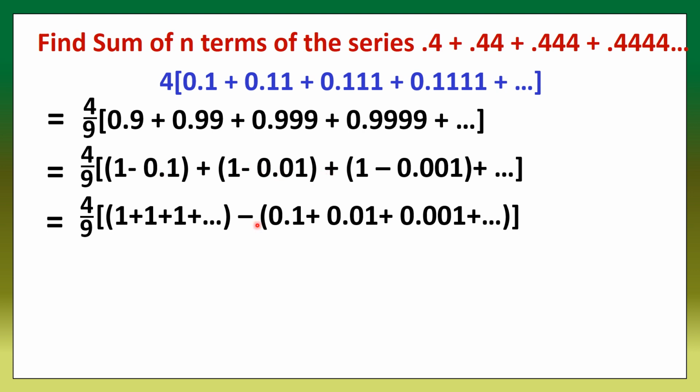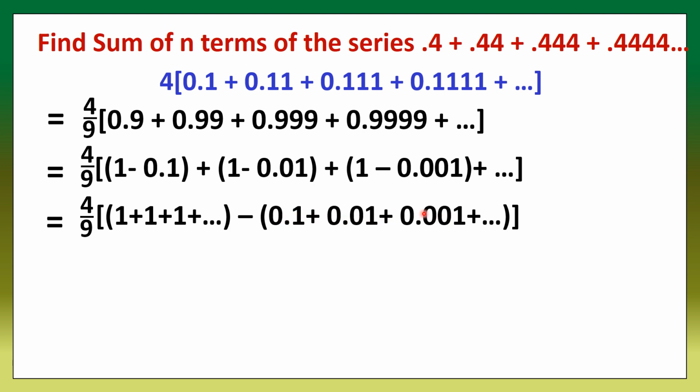So this minus we are taking as common and taken outside, and inside we are doing plus. When we are taking it outside, that becomes again negative values. So 0.1 plus 0.01 plus 0.001, we get such a series. Now this series is in GP. 0.1 plus 0.01 plus and so on, that series is in GP.